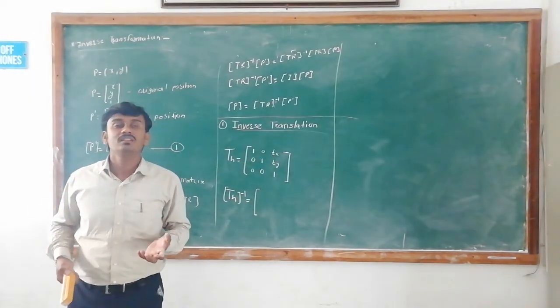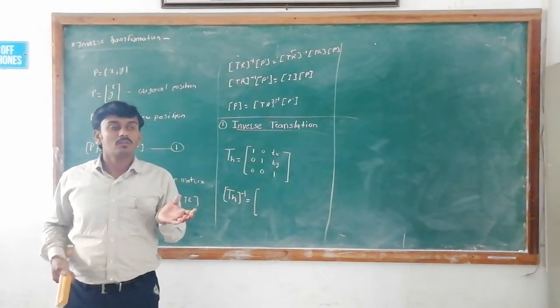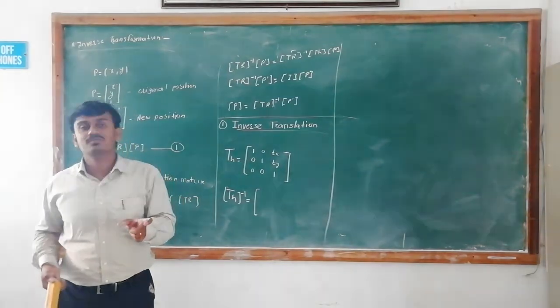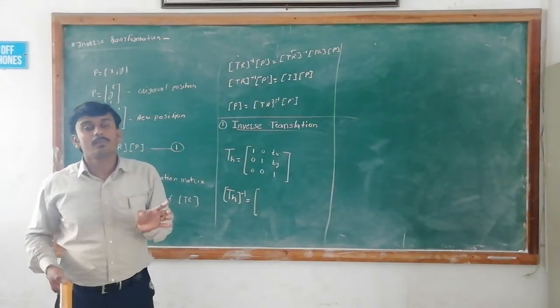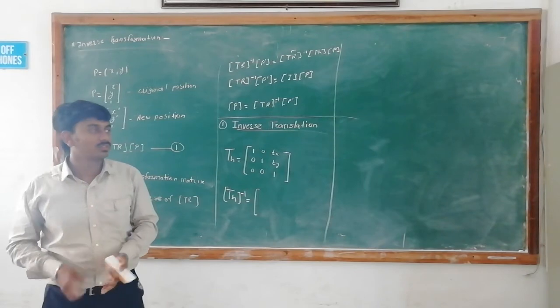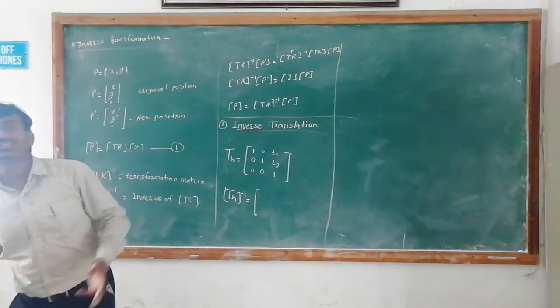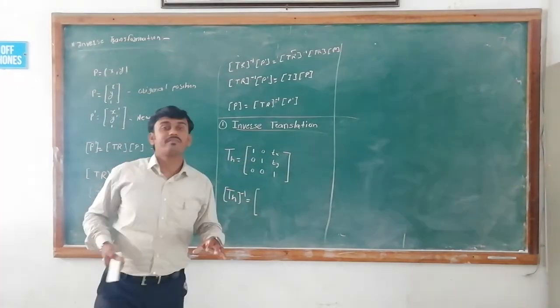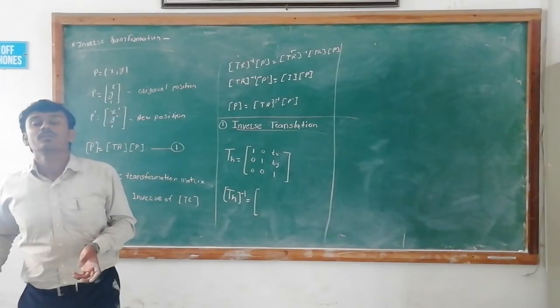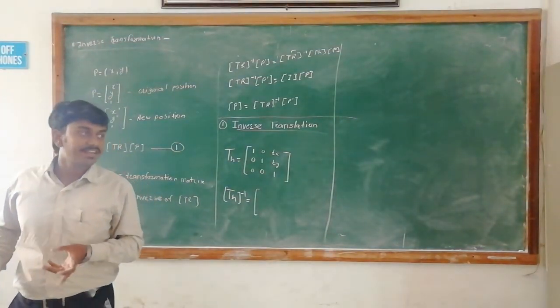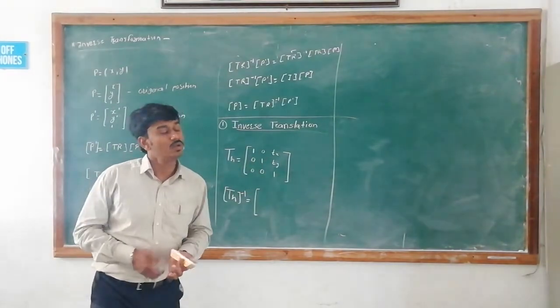Tx is the distance by which we translate the point P in the x direction. Suppose I translate the point P in the x direction by 4 units, then Tx is equal to 4. And if we translate the point P by 10 units in the y direction, then Ty is equal to 10.